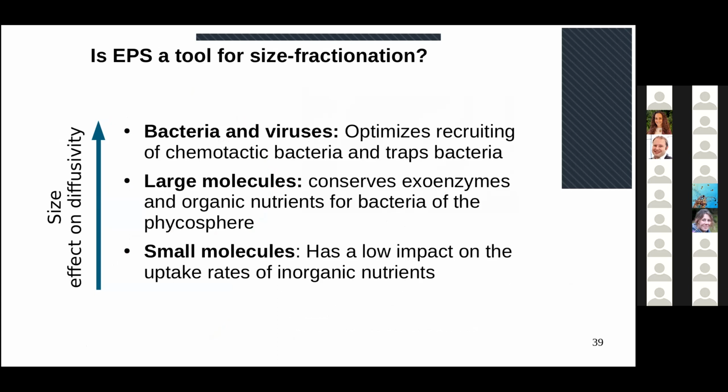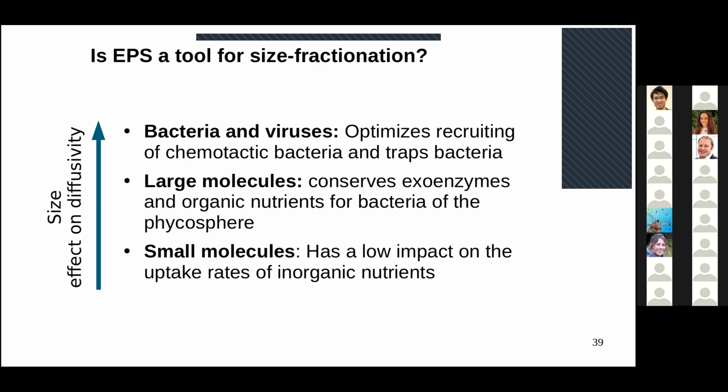What if EPS is actually a kind of tool for size fractionation of resources? If you think about molecules and bacteria as resources for phytoplankton, having this layer of viscous material around them could allow these cells to recruit and trap chemotactic bacteria that can then form part of the phycosphere.